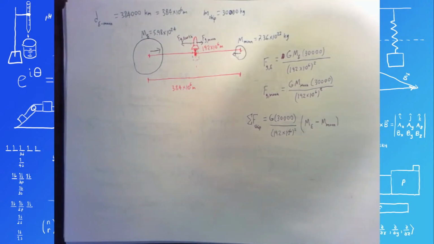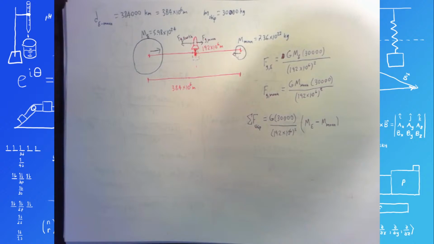So let's go ahead and plug all that stuff into our calculator. Big G, 6.673 times 10 to the negative 11, or 6.67 if that's what you prefer, times 30,000, the mass of the ship, divided by 192 times 10 to the 6 squared.